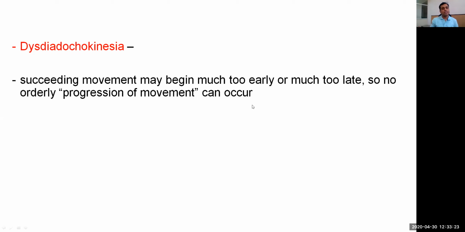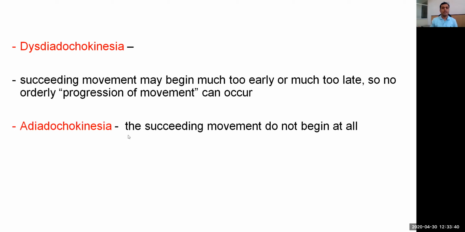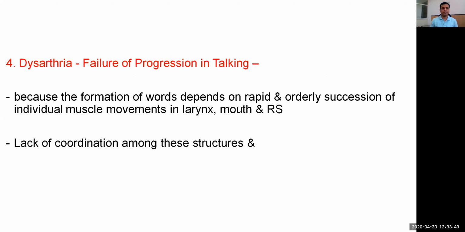That means the person may be able to perform rapid and alternate supination and pronation, but there is too much difficulty to begin the movement, and once it is begun, there is too much difficulty to stop the movement, and hence the condition is dysdiadochokinesia. Adiadochokinesia is total failure of doing the rapid alternate movements.